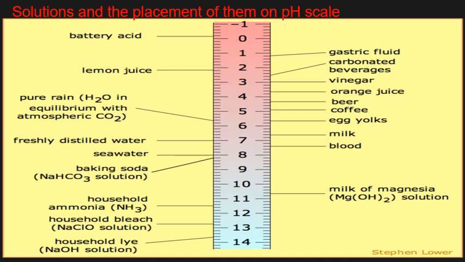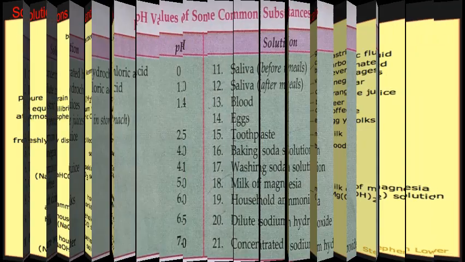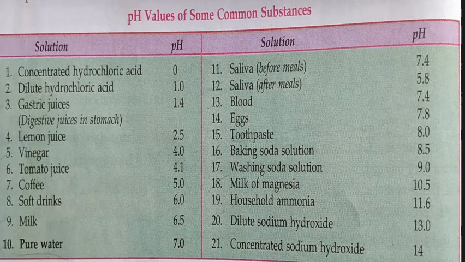If you want to place them in a scale, this is a representation in a tabular form: the same materials, the dilute solutions and their pH values. Toothpaste, if you observe, is a mild base, and coffee is an acid.